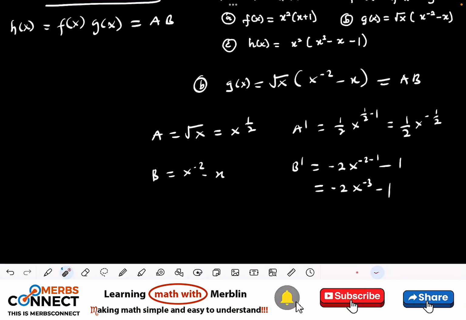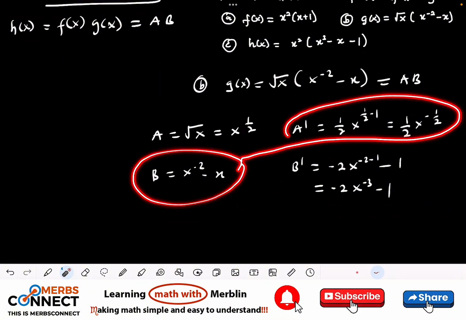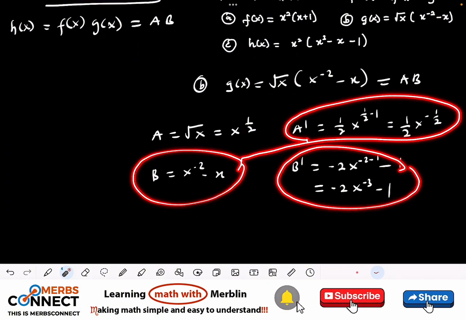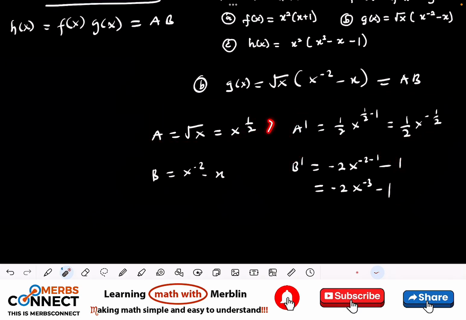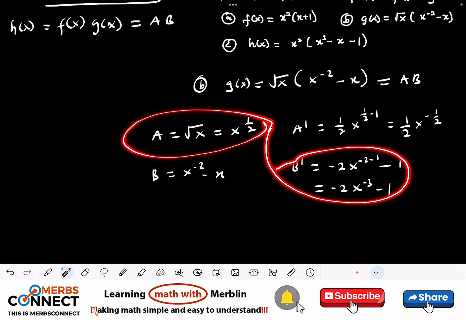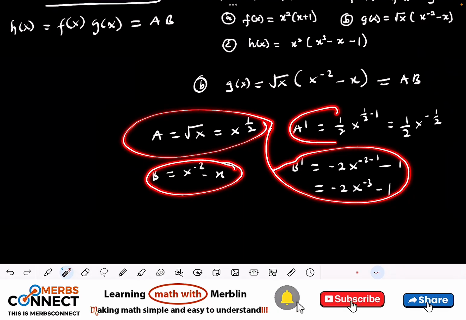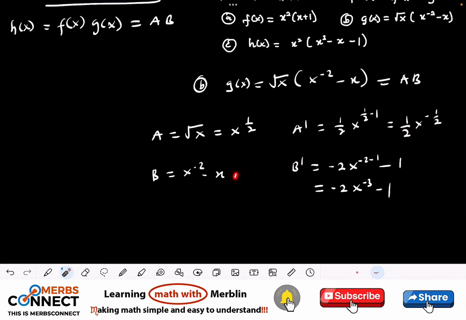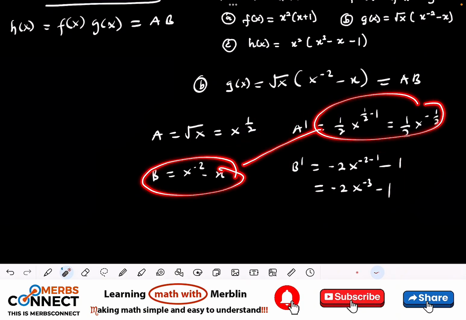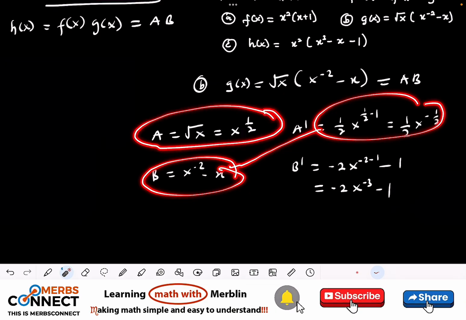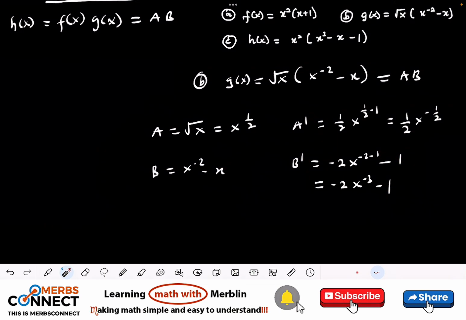So I have my A, I have my B prime, I have my B, I have my A prime. So all I need to do is this will multiply this, right? Then this will multiply this. But since it's addition, you can do this first, multiply by this, plus this, multiply by this, or this multiply by this plus this multiply by this. It's also the same thing.